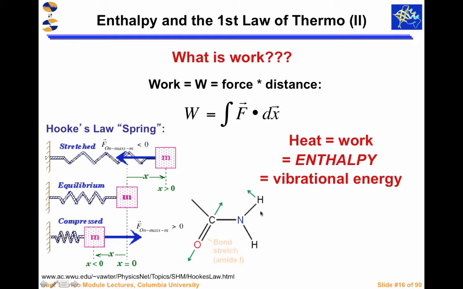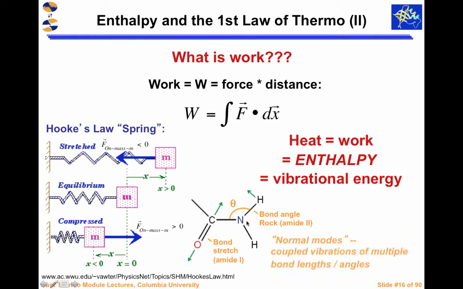Now in complicated molecules like this, in molecules that have multiple atoms, more than just two atoms involved in them, what happens is you get things called normal mode vibrations. There's a well-defined science of this. Vibrational spectra are interpreted based on these normal modes.